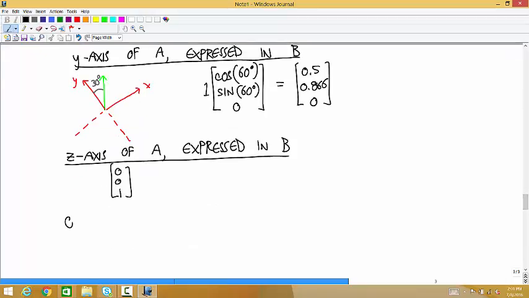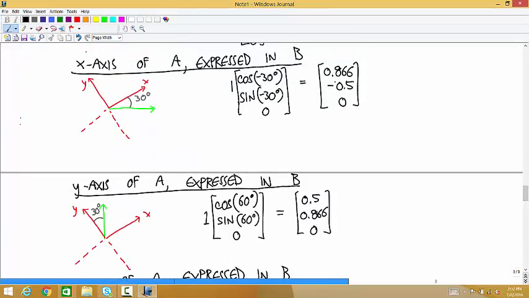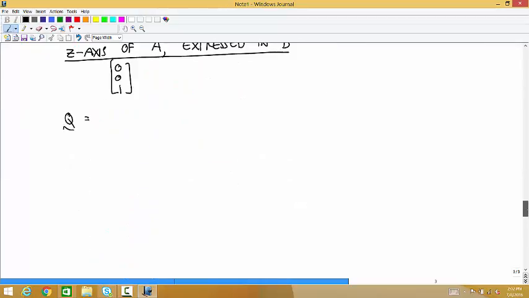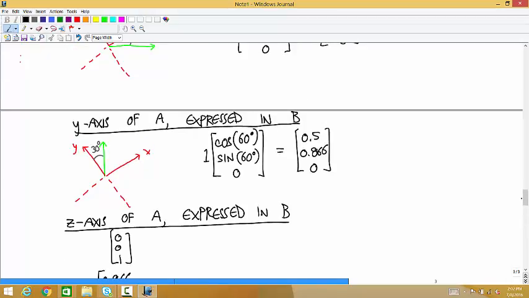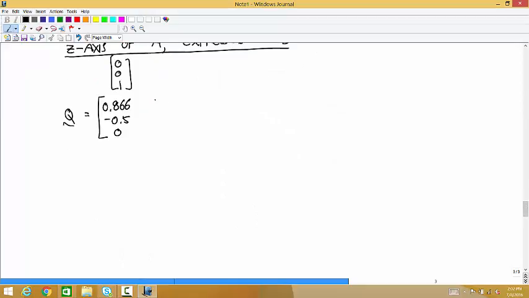So now this rotation matrix Q: the first column is 0.866, negative 0.5, 0. The second column is 0.5, 0.866, 0. And the third column is 0, 0, 1.